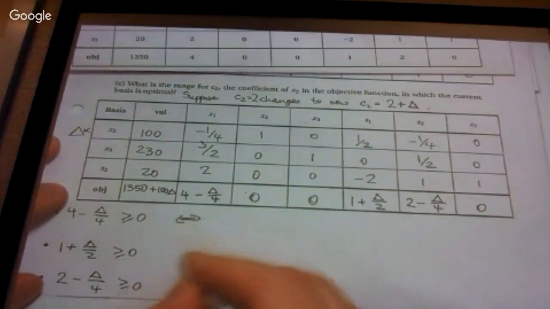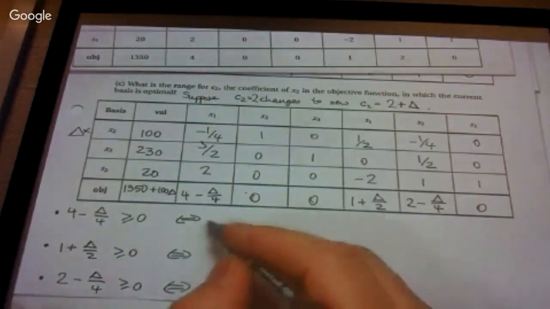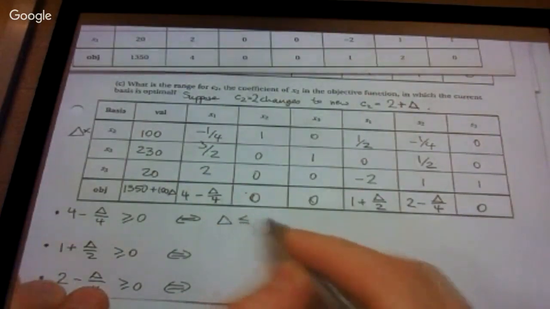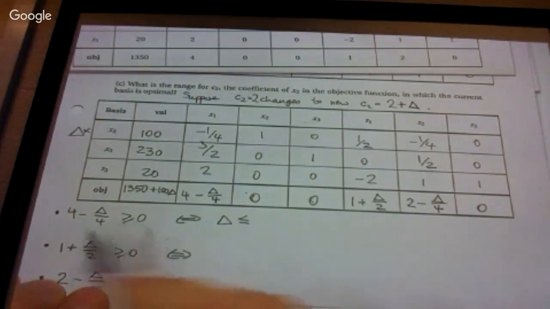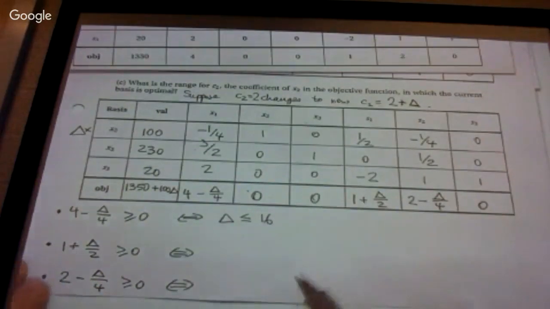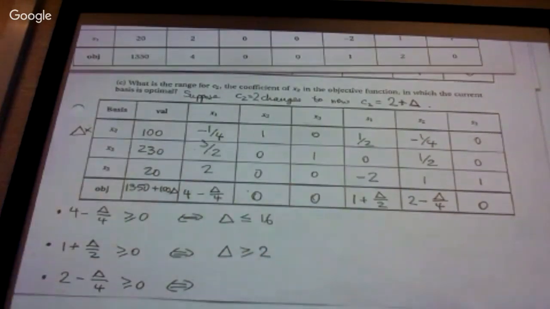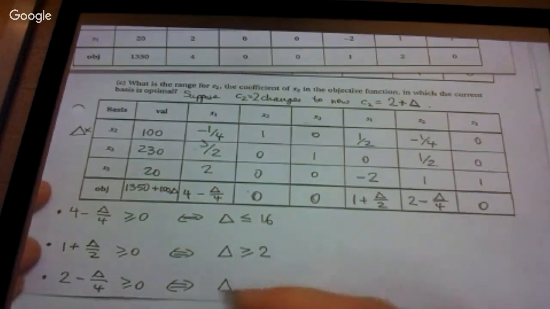Now, if you solve them for delta, the first one is equivalent to saying delta is less than or equal to, well, 16. This one is the same as saying that delta is greater than or equal to 2. And the last one is the same as saying that delta is less than or equal to 8.